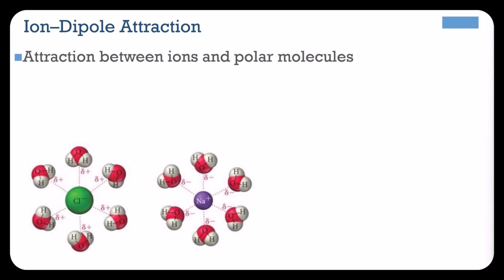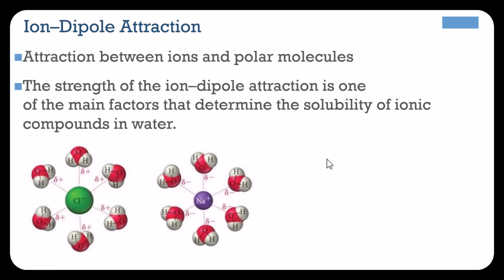And it does something called solvates or surrounds it, based on that positive and negative attracted to one another. Okay. So the strength of an ion-dipole bond is one of the main factors that determines solubility. So when we talk about solubility a little bit more in the next chapter, we will come back to this idea.